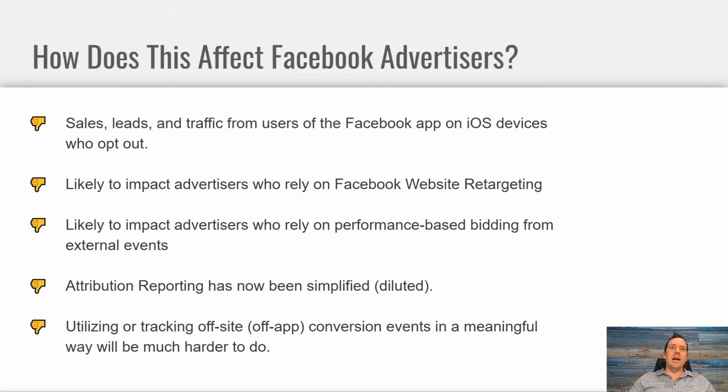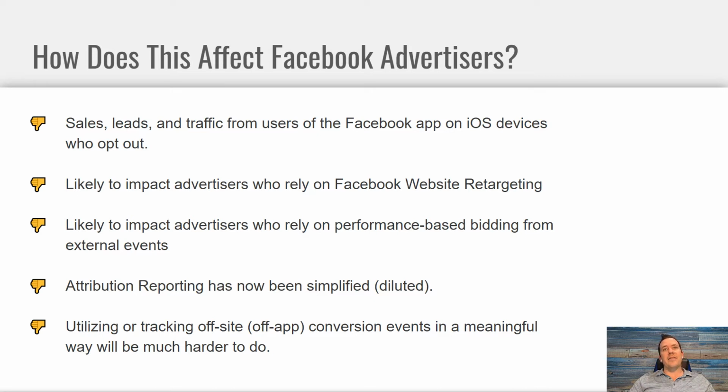It's likely to impact advertisers who rely on Facebook website retargeting, because the website conversion and the website visit after the Facebook click or ad view is external to Facebook, that information is no longer going to be sent back to Facebook for those users that we just mentioned. And so that's going to be highly affected.